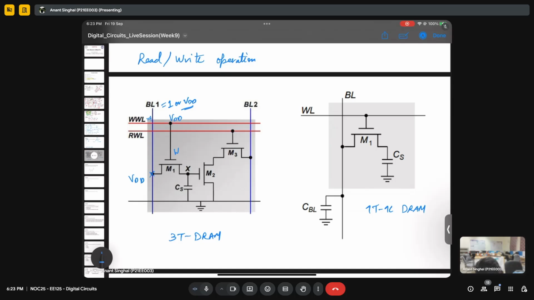Once we have this and this connected, this capacitor will get charged, right? Because this will act like a short circuit. So this X will become VDD, or this particular node will have a high value. This will turn this transistor on, and it will act like a short circuit, right? So this node will be at 0.